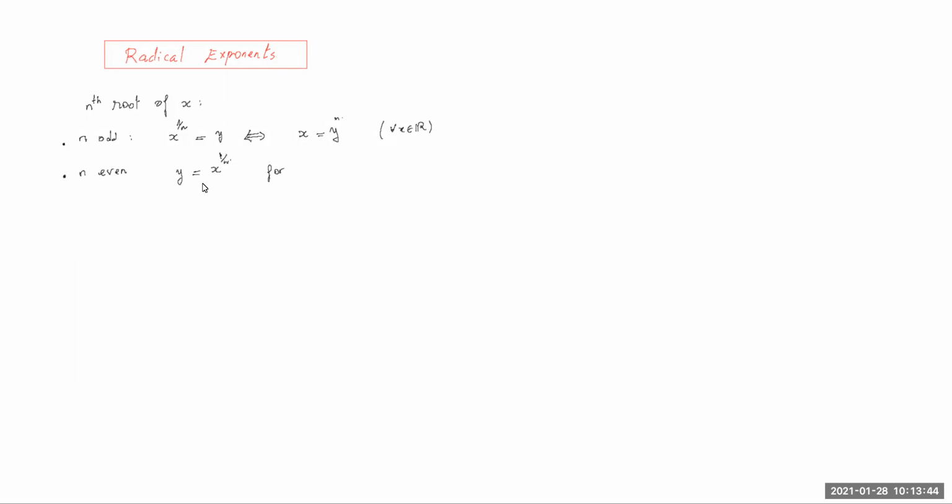When can we say that y is the nth root of x? If we can satisfy this, but it's only for x positive or equal to 0. Otherwise, it's not defined for x negative.